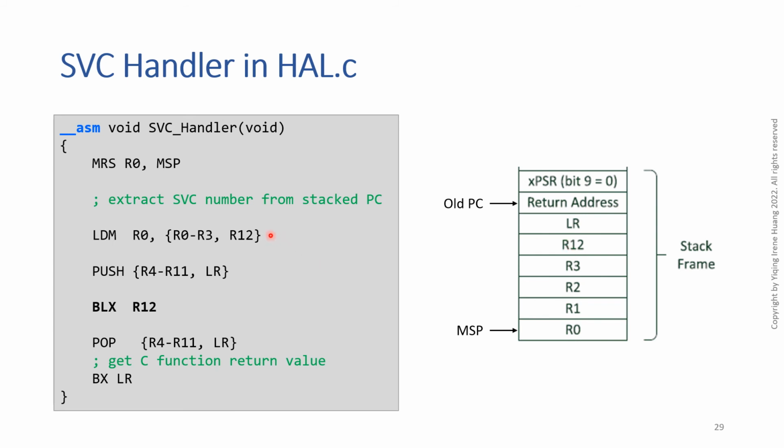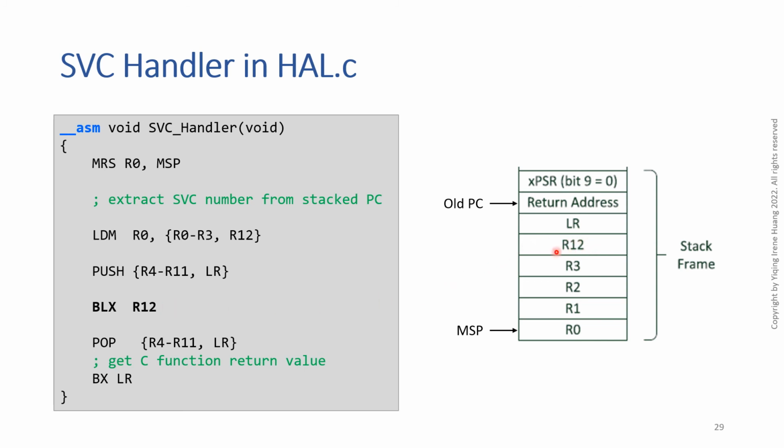This is ARM specific. If you studied RISC-V in your ECE 222, you probably haven't seen that, but this is basically what it is doing. It is getting all these values and populating them to the corresponding registers. And then we push R4 to R11 and LR, and then this is the most important instruction, the branch instruction, branch to R12.